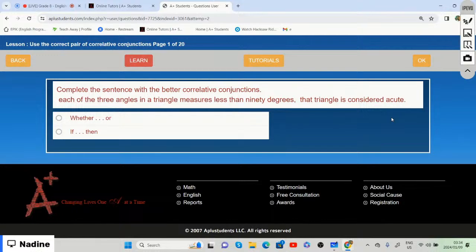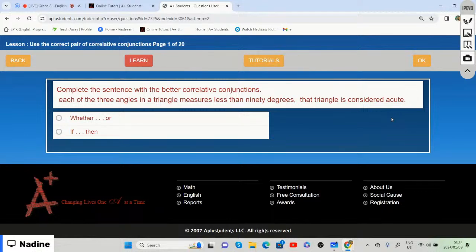So we need to say whether or, or we need to say if then. So we need to choose the correct one. Do we say whether each of the three angles in a triangle measures less than 90 degrees or the triangle is considered acute?